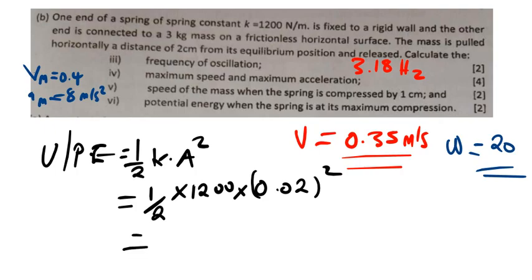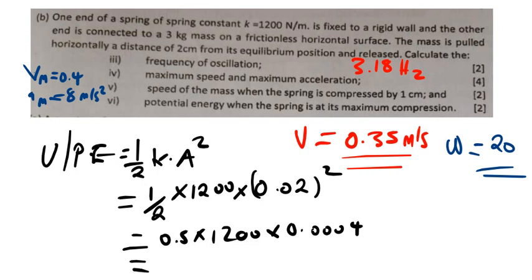You know that 1 over 2 is the same as 0.5. This is multiplied by 1200 multiplied by 0.02 squared, which gave us 0.0004, with 4 zeros. Then you multiply.